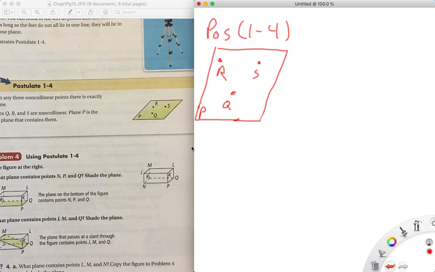So we can't have something that goes in one direction represent something that goes in two directions. So in order to bypass that, you would need 3 points that are non-collinear. So 3 non-collinear points form a plane. That is postulate 1.4.